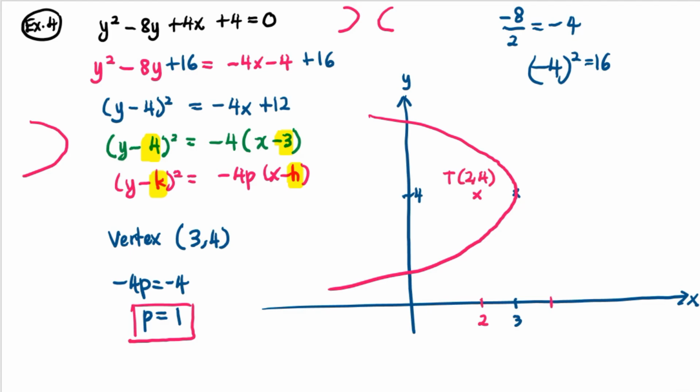Then the directrix is at 4, because the distance from the vertex to the directrix is 1, therefore x is equal to 4. So the vertex is (3, 4), and we are done with this type of equation.